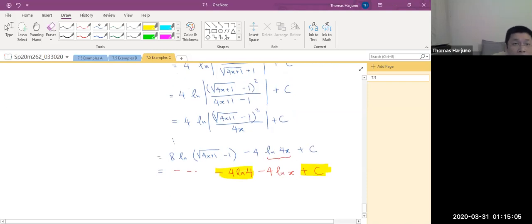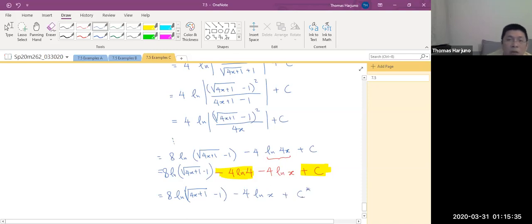So let me fix it. This is 8 ln of the square root of 4x plus 1 minus 1. Finally, we will get this answer, plus a new constant.